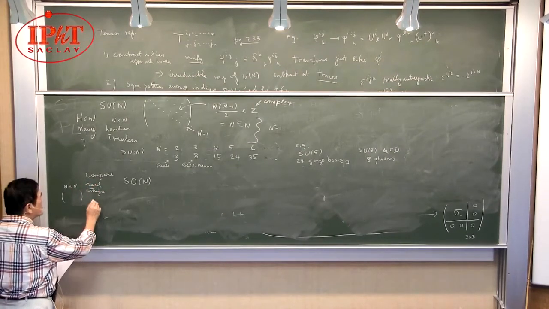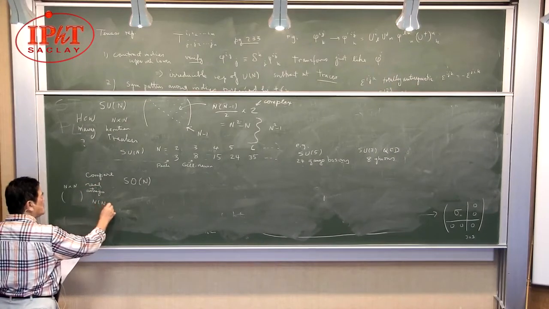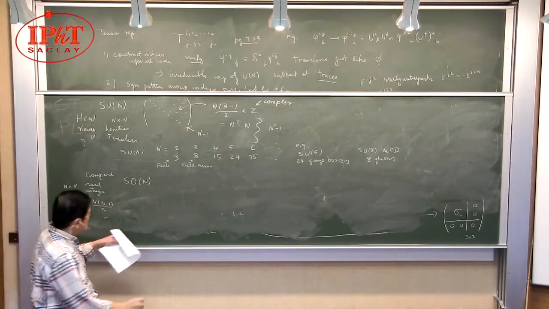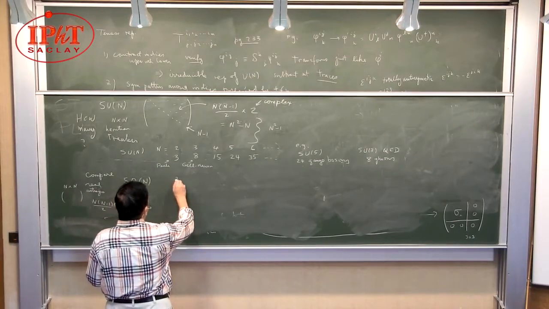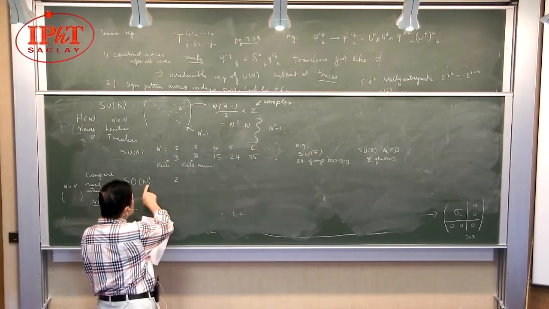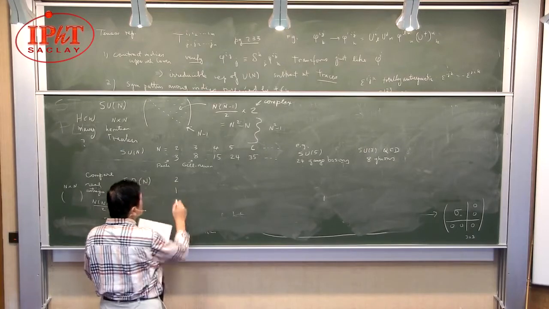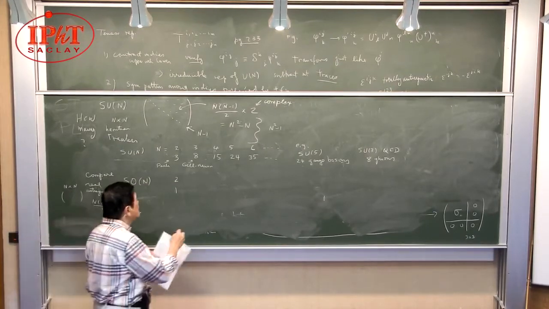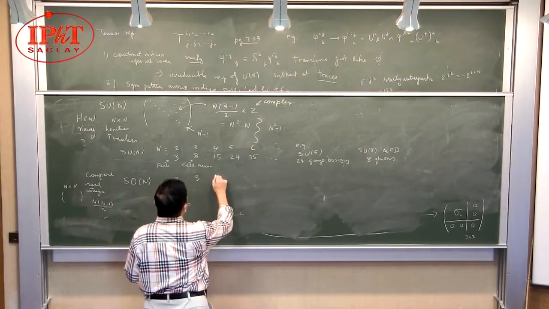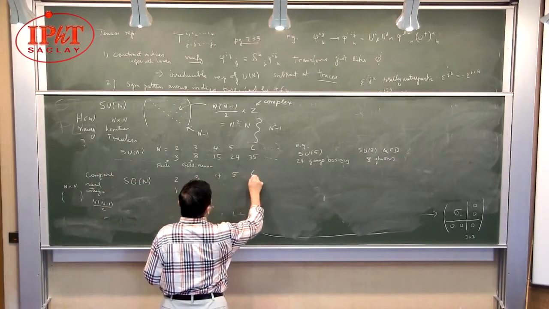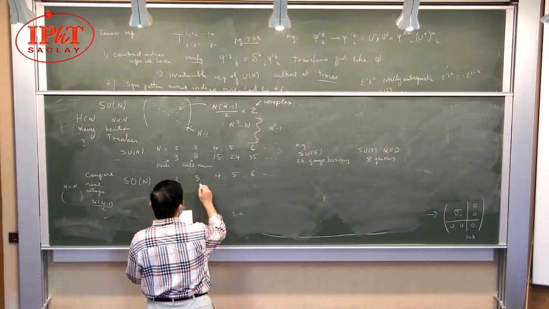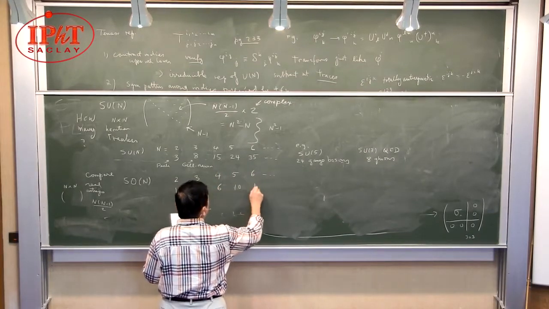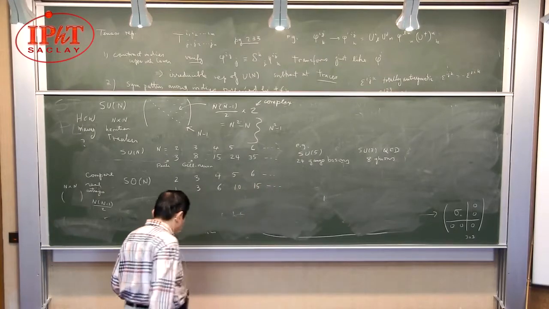So the number of such matrices is n times n minus 1 over 2. For n equal to 2, which is a trivial case, SO(2), of course there's only one such matrix, that's rotation around the fixed axis, and then 3, 4, 5, and 6. So this is 1, 3, 6, 10, 15, and so on.